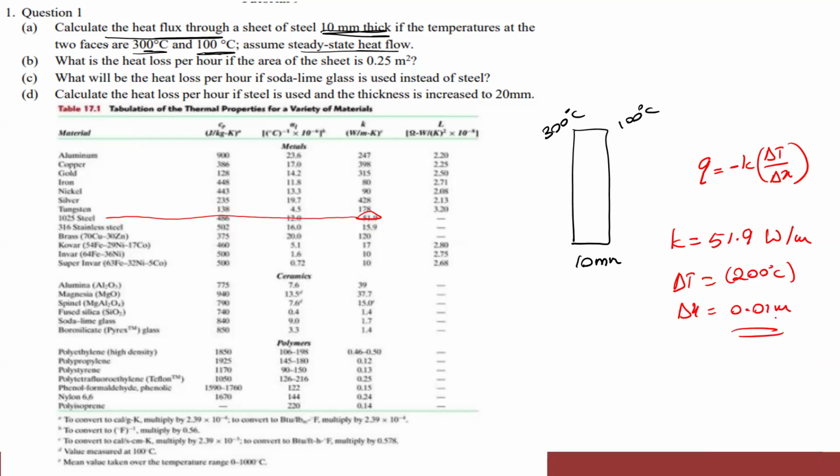So you can put these values in and find simple q. Your q is in watts per meter squared, or you can say joules per second per meter squared, both the same. So can you find me q, please? Heat flux.